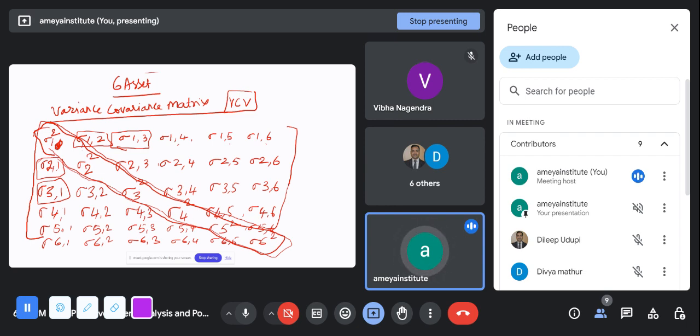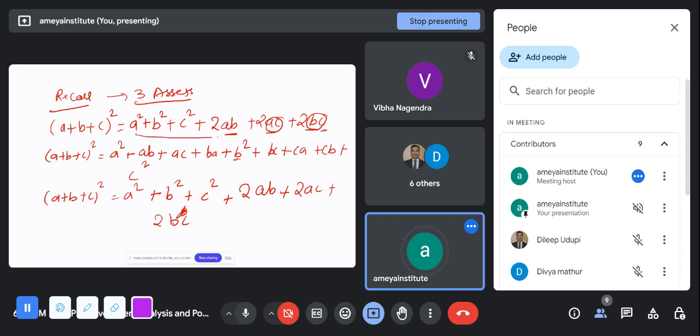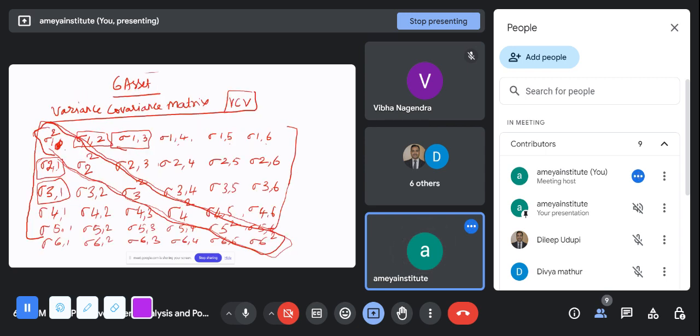So that is what we used to do in this formula also, right? So this was for 3 assets. This will be for how many assets? 6 assets. Is it clear what we are trying to form here?